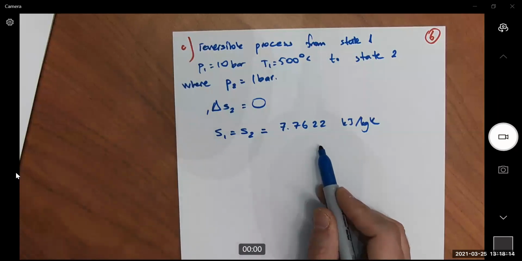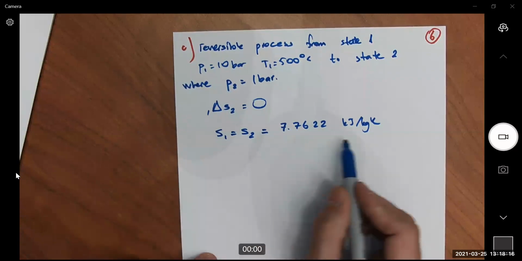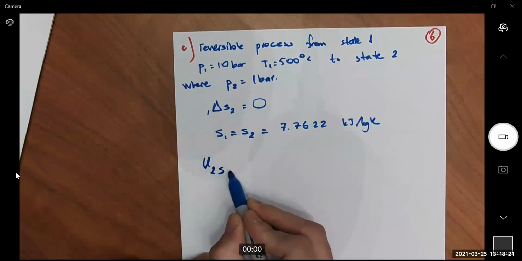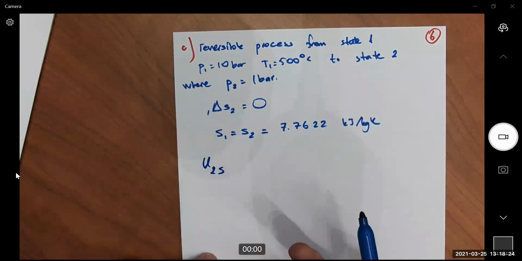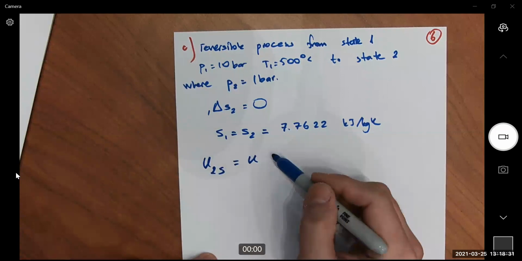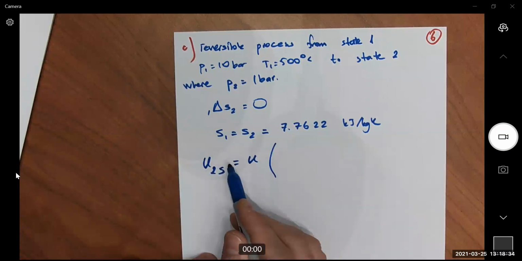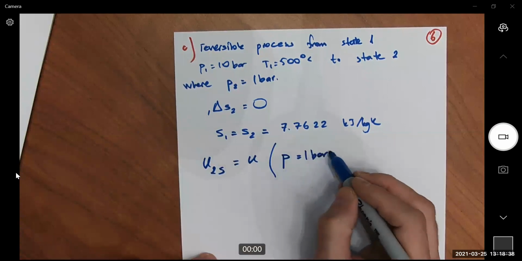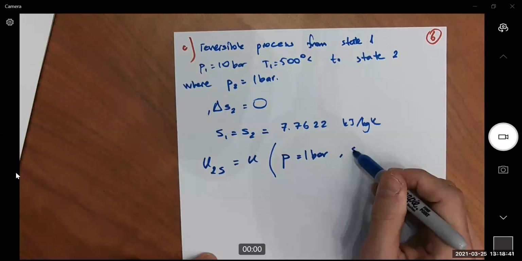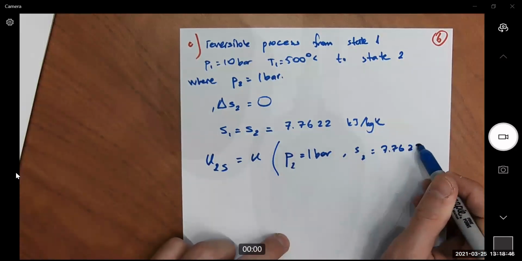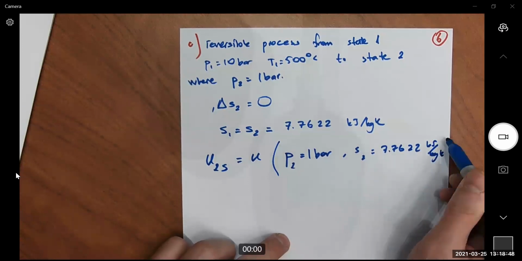Clear? So I'm going to call this U2S, where S stands for reversible condition. I'm going to check this internal energy for pressure at state 2, which is 1 bar, and entropy 7.7622 kilojoules per kilogram Kelvin.